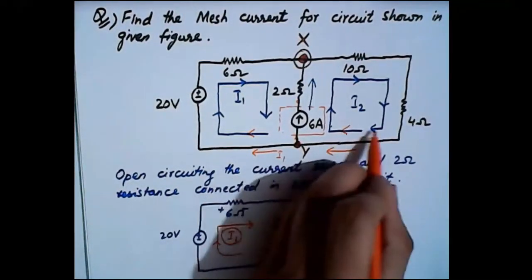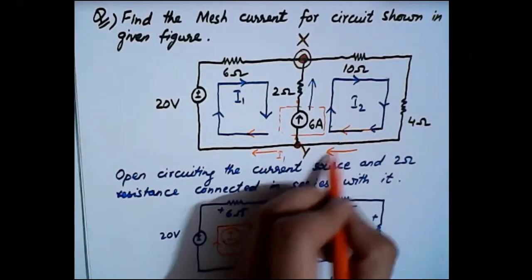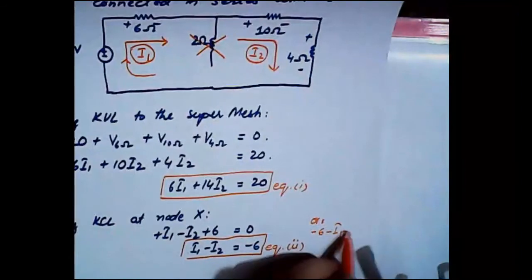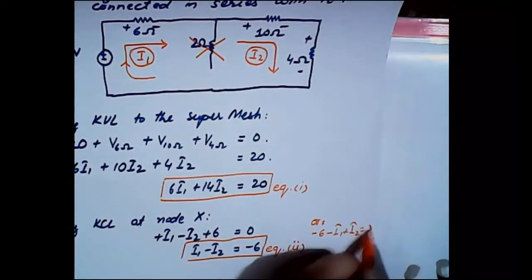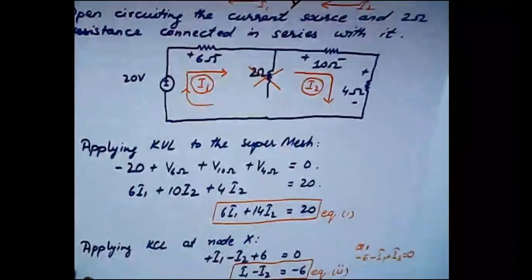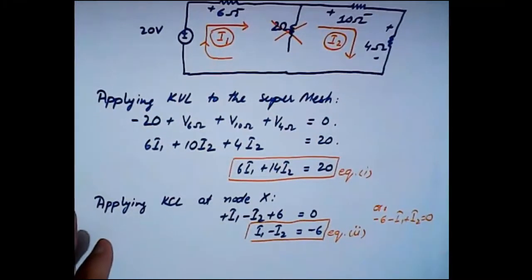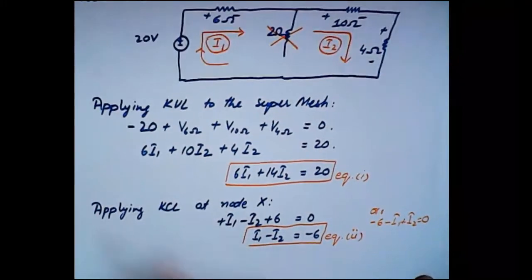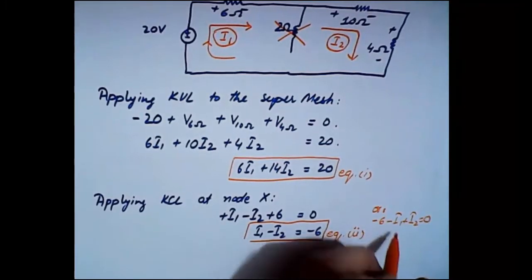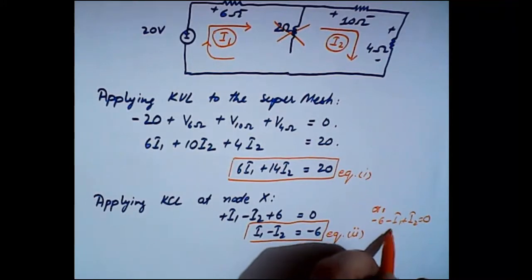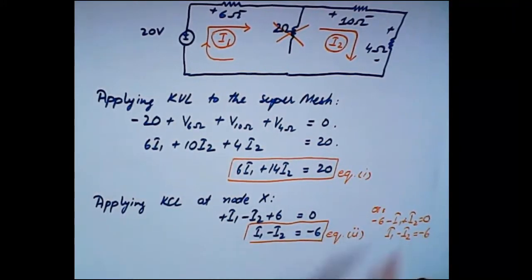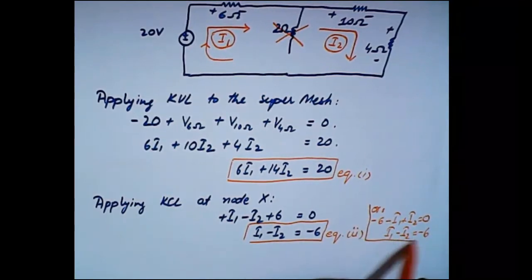This is the direction of I2, so it is approaching node Y. So it will be plus I2, equal to 0. Is that clear? Here you can see that it will also yield the same equation. If we rearrange the terms, it will be I1 minus I2 is equal to -6. So these are the same equations.